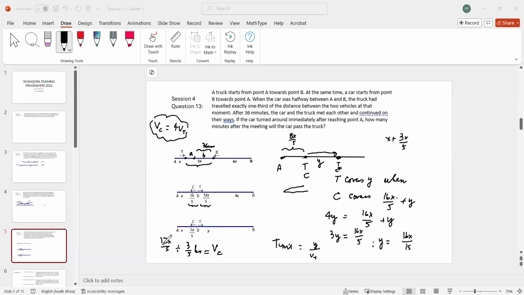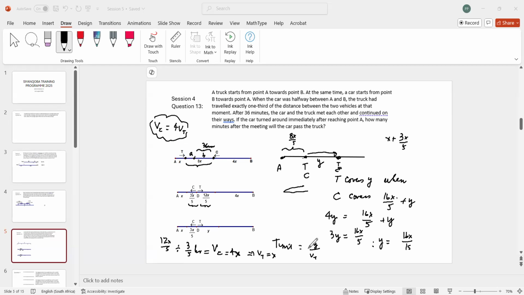And therefore, its speed will be this. The speed of the car is the distance it travels divided by the time. Now, when you do this, you'll see that Vc is 4x. So Vc is 4x, and that implies the speed of the truck is x, because Vc is 4 times that.